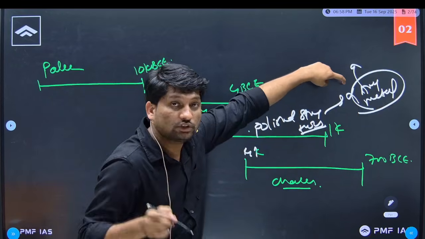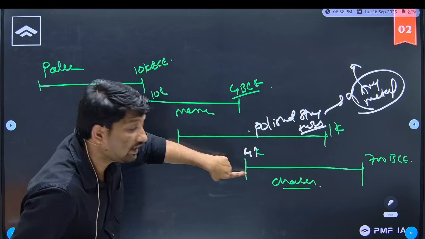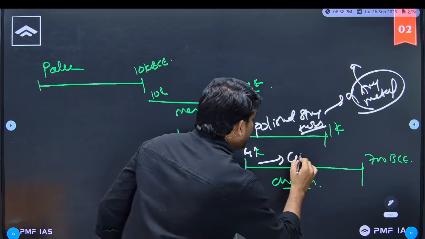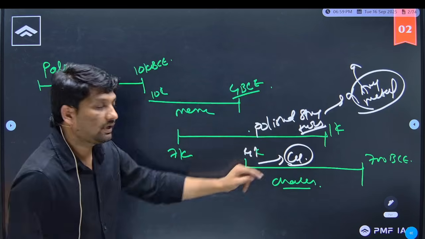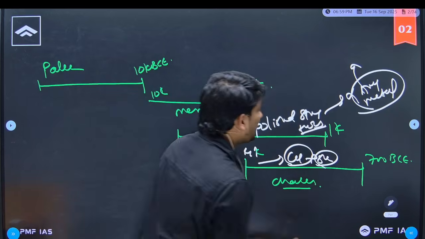The use of metal was not prevalent. At the same time, in another region people started using copper, and the culture based on copper plus stone developed. We call this Chalcolithic culture.